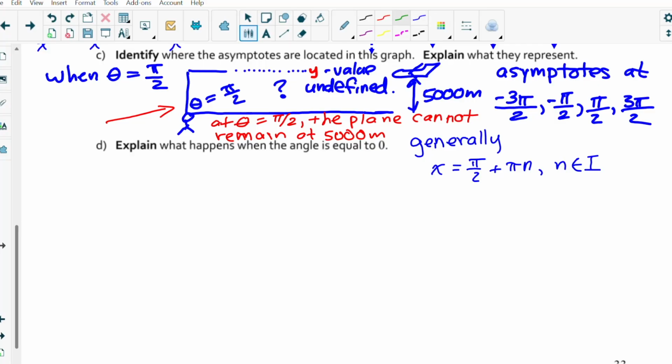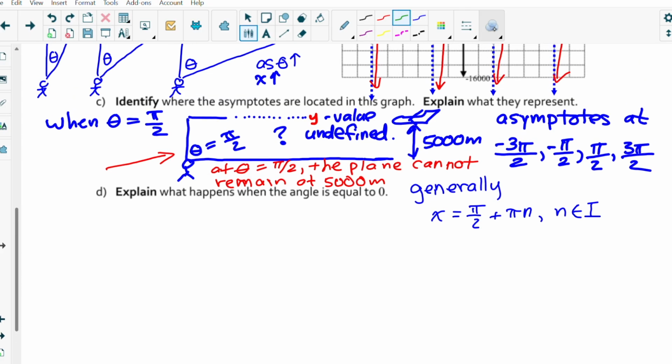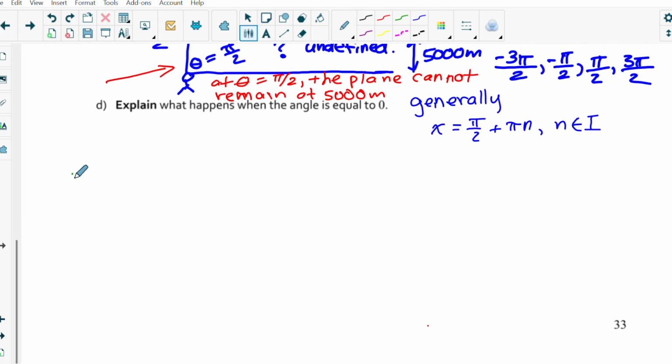So we can draw another diagram here. As the plane gets closer and closer, let's start at a very large theta value.